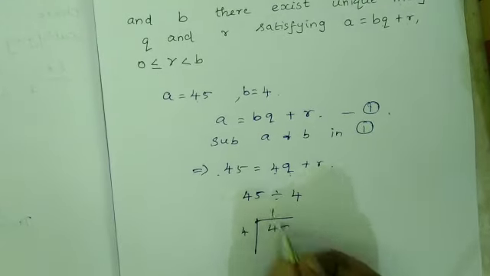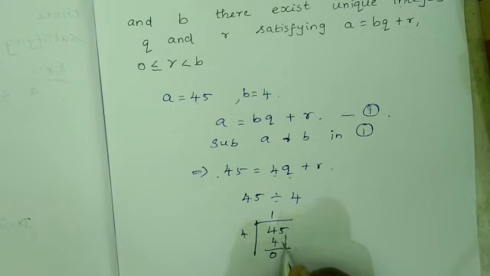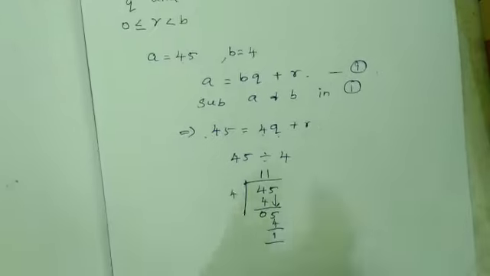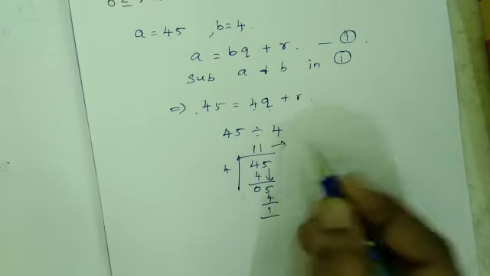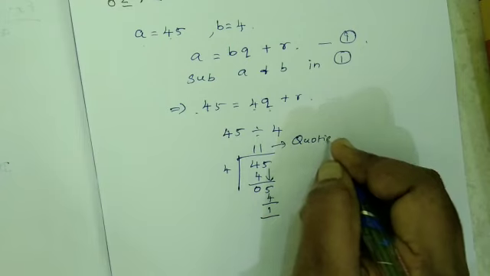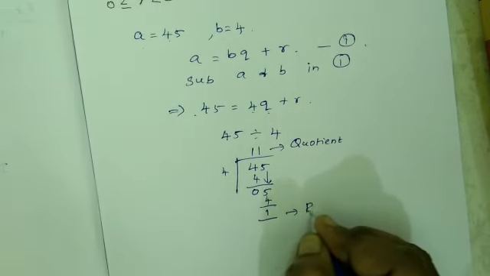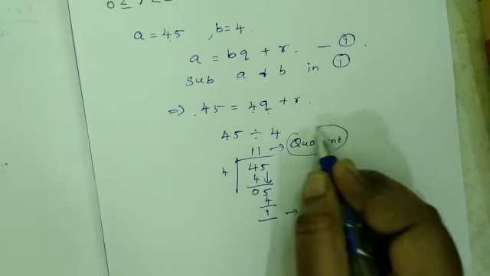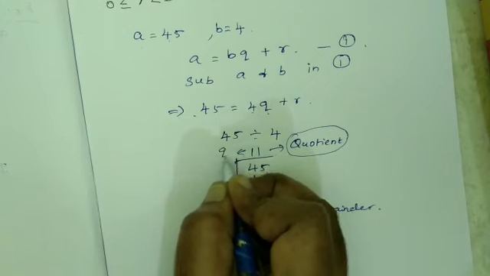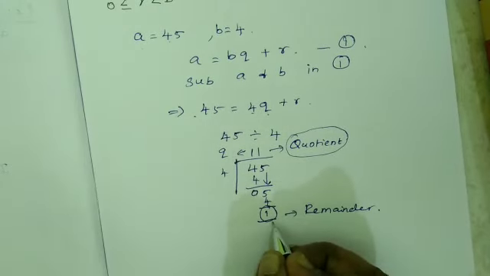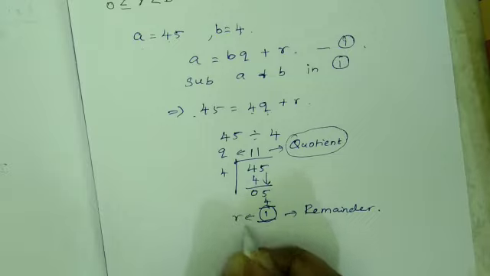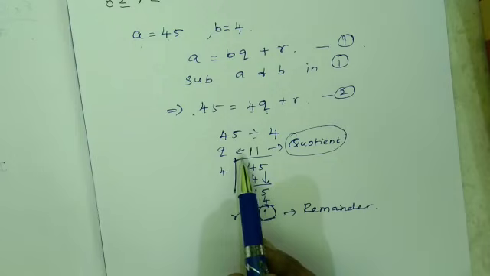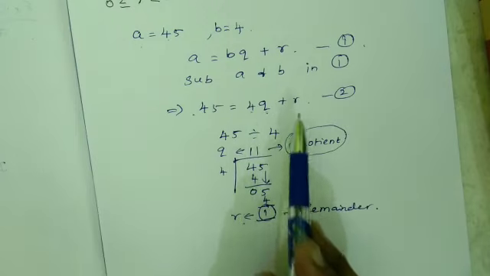One time 4 is 4, then we get the remainder 0. Again bring down 5. One time 4, remainder 1. Here we all know 11 is the quotient and 1 is the remainder. So now substitute the quotient as q and the remainder as r in equation 2.